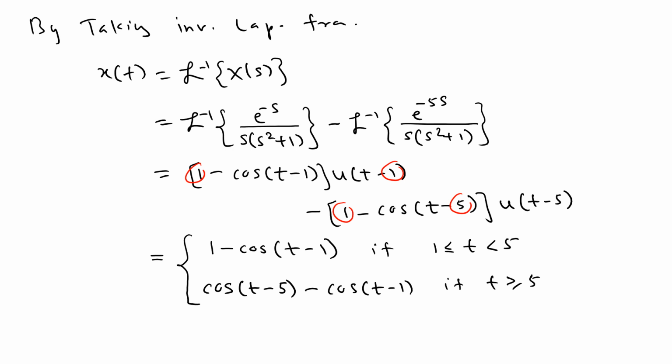You can also add that outside this it's 0, so I'm going to write 0 otherwise. We need to know what happens before 1, because it's 0.